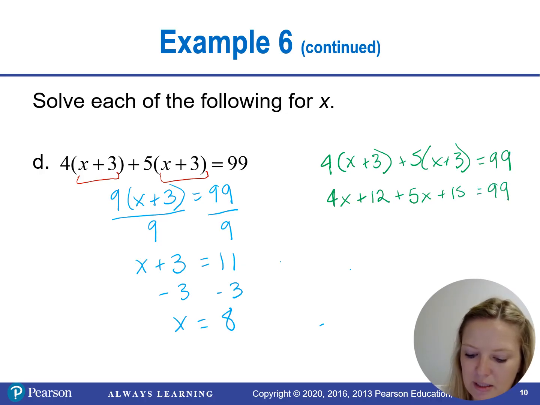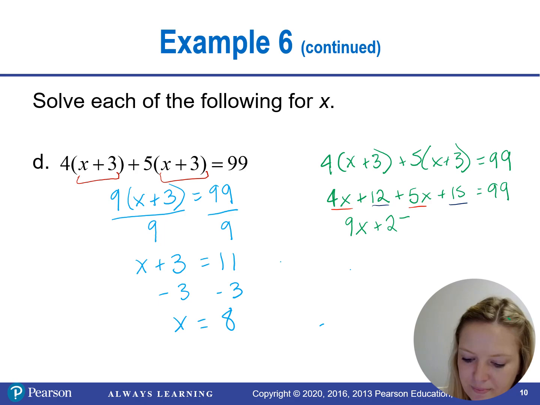My 4x plus 5x gives me 9x, because I'm combining those together. And then my 12 plus 15 gives me 17. Is that right? Nope, 27.